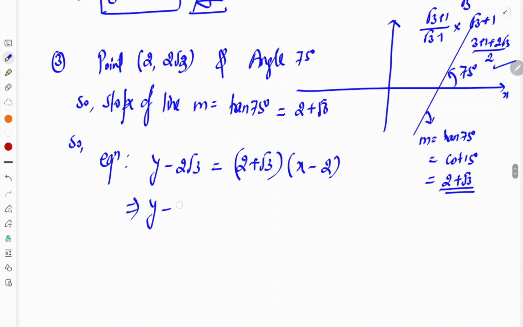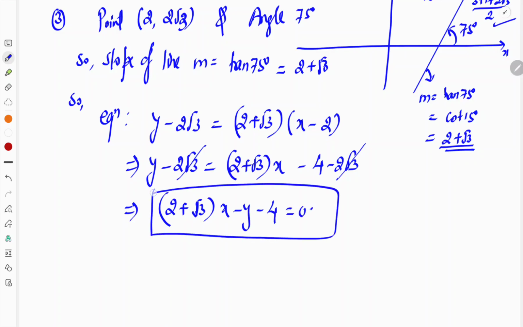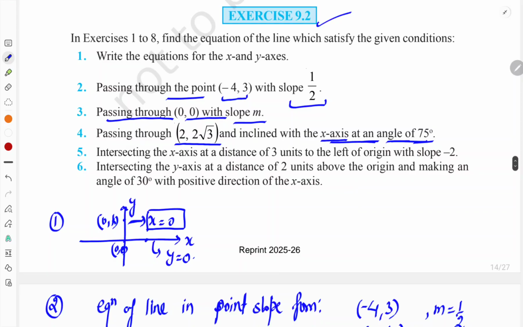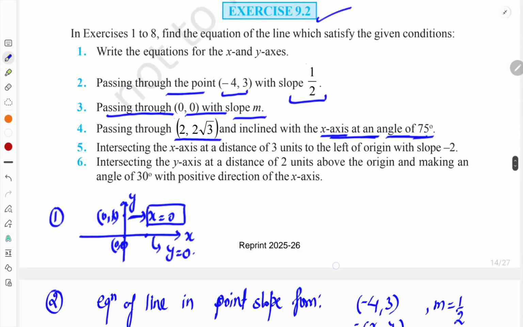Now just simplify this one. y minus 2 root 3 equals (2 plus root 3) times (x minus 2), that is 4 minus 2 root 3 plus the rest. The 2 root 3 cancels. We transfer everything to the right-hand side, so the right-hand side will be (2 plus root 3) times x minus y minus 4 is equal to 0. So this is the answer. Dear student, we'll go for the next question. This was problem number 4. Now problem number 5.